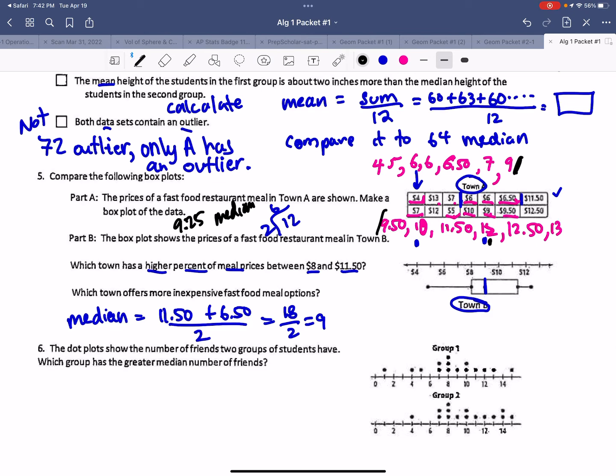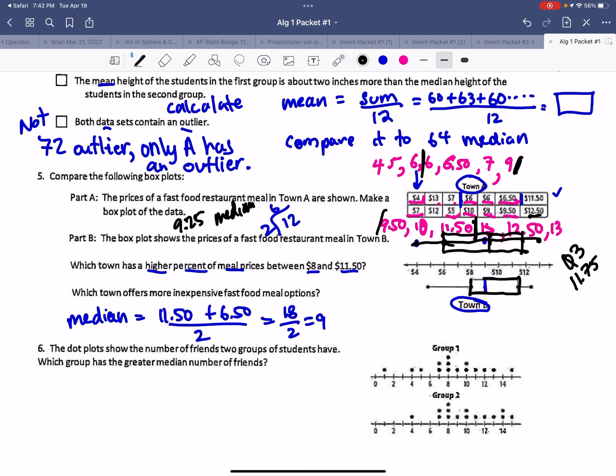And halfway between the bottom here is 6, so I'm going to put a dot at 6. And halfway between the top, quarter 3 would be 11.75. So 11.50, 11.75. Okay. And then you have your max at 13. That's our max. So if we made a box plot, this is what it would look like.